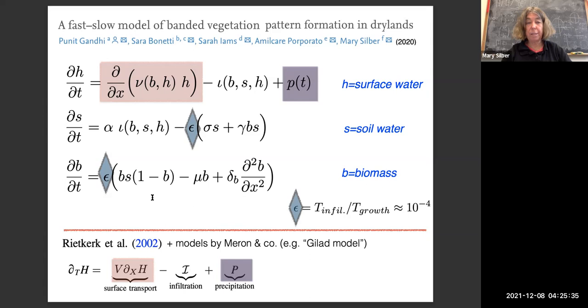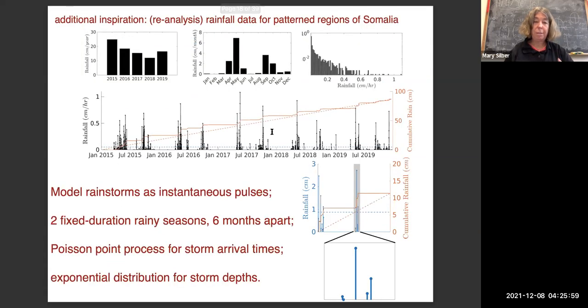So in this kind of fast-slow framework, you see that the biomass evolves very slowly. The surface water contribution is only on the fast time scale, and the soil moisture has elements on both time scales. So that was the model that we're now going to adapt for putting in some kind of stochastic rain inputs.